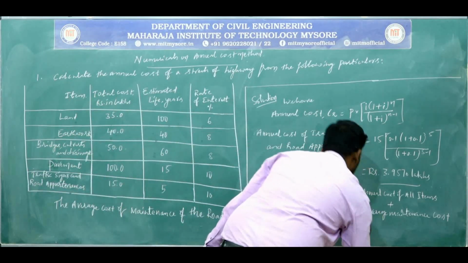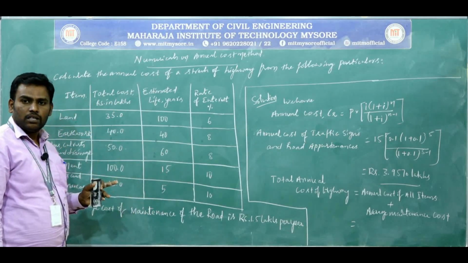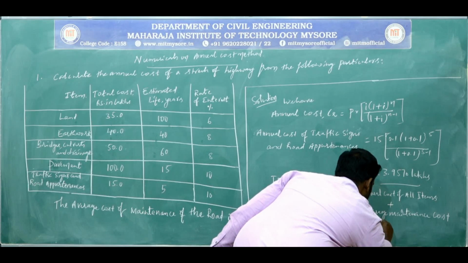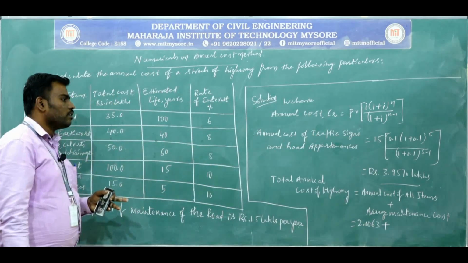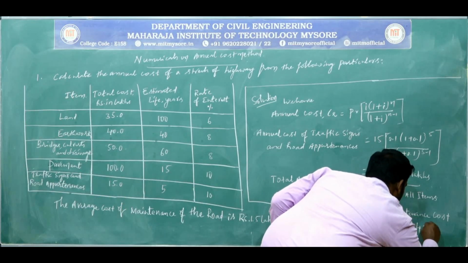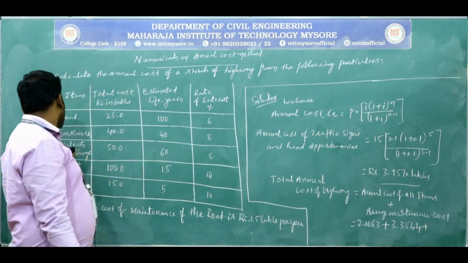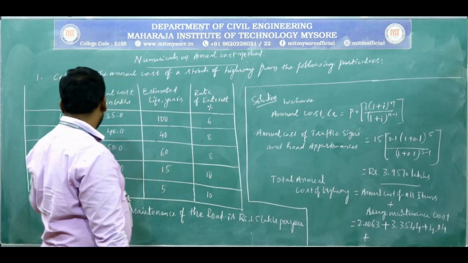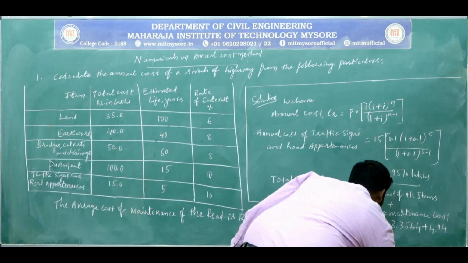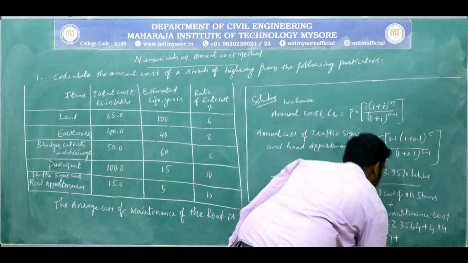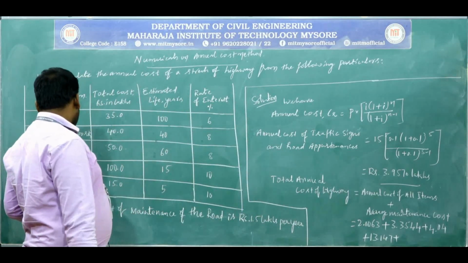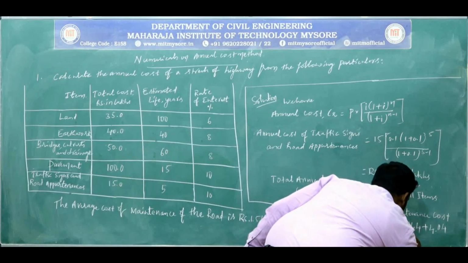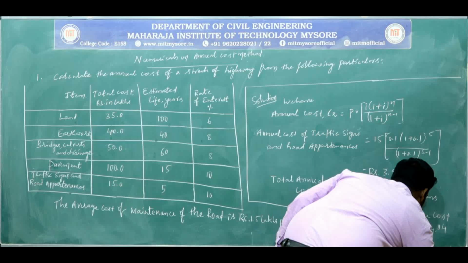What is the annual cost of land? You may get about rupees 2.1063 lakhs, plus annual cost of earthwork 3.3544 lakhs, plus annual cost of bridges, culverts and drainage 4.04 lakhs, plus annual cost of pavement, about 13.147 lakhs, plus annual cost of traffic signs and road appurtenances, about rupees 3.9570 lakhs.